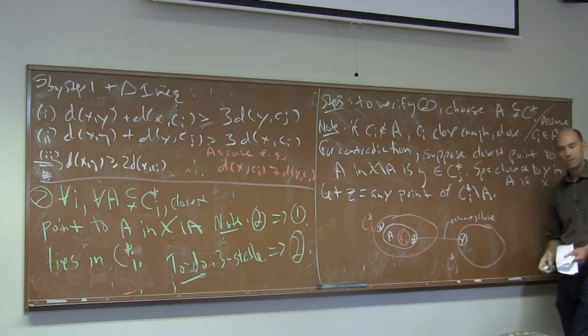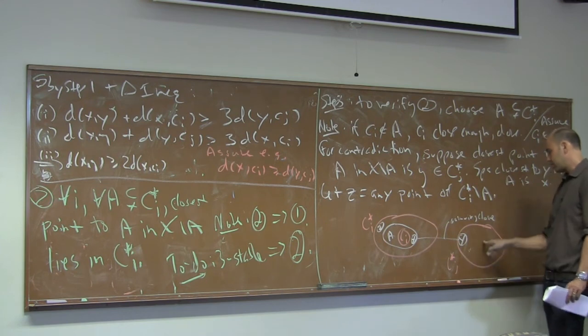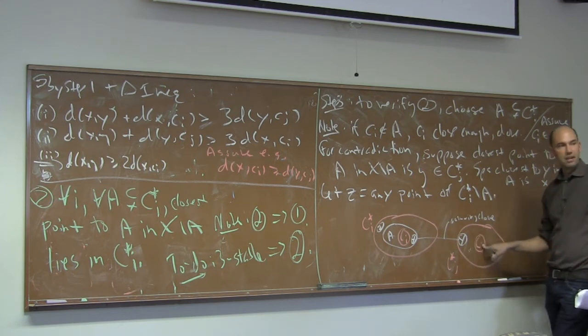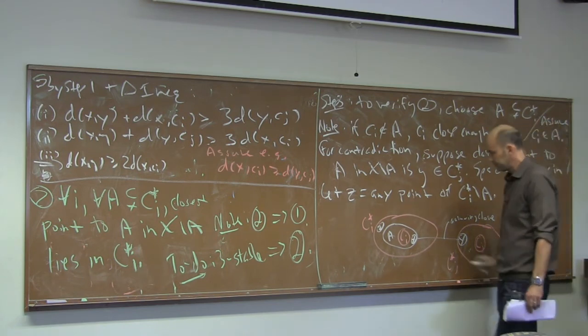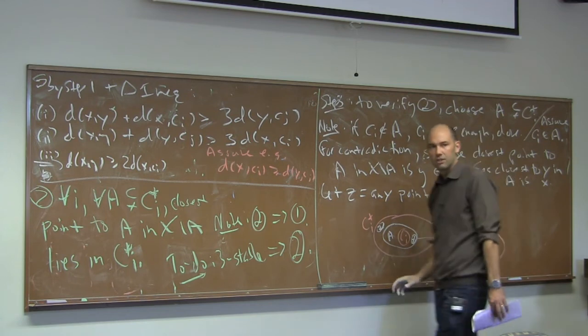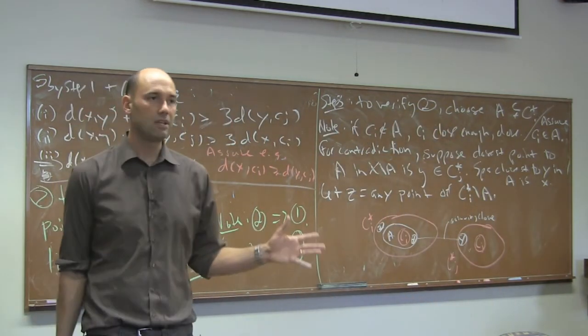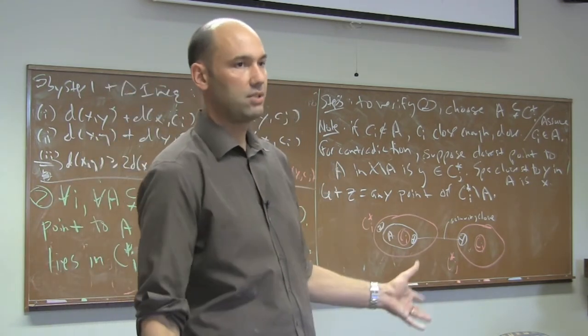Intuitively, here's where we're going. This is some distinct cluster. It has some center Cj. Now here's what step 1 tells us about every point, in particular point Z. Step 1 was this well-separated condition. You're way closer to your own center in the optimal than any other center at all.